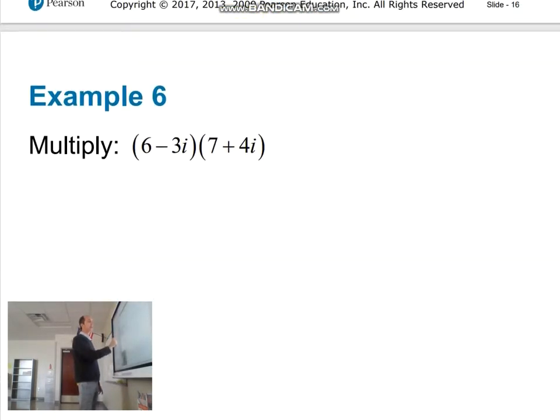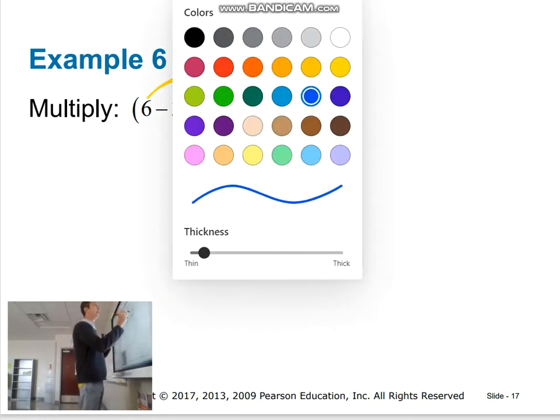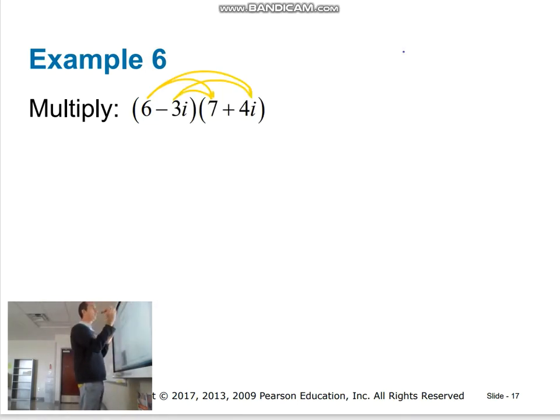And now let's work with a complex number with both parts, the real part and the imaginary part, times another complex number with both the real part and imaginary part. So let's work on this example, and we need to apply the distributive property, right? A good method to remember how to apply the distributive property correctly is the FOIL method.